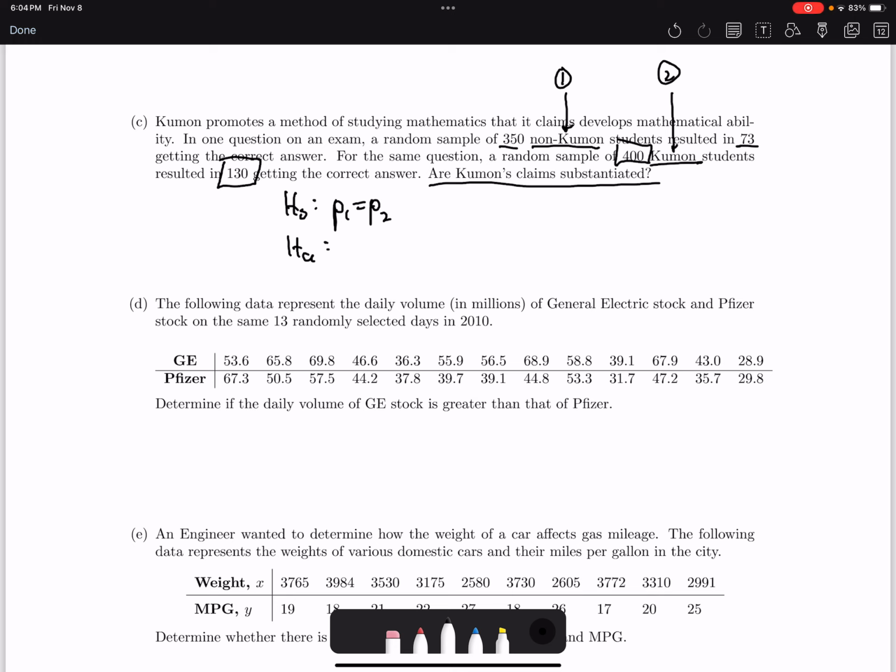If that's true, then we would expect the Kumon students, which are group 2, to have a higher percentage of correct answers than the non-Kumon students, which are group 1. So we expect P2 to be bigger than P1, okay? Or in other words, P1 to be less than P2. So this is a 2-sample proportion test.